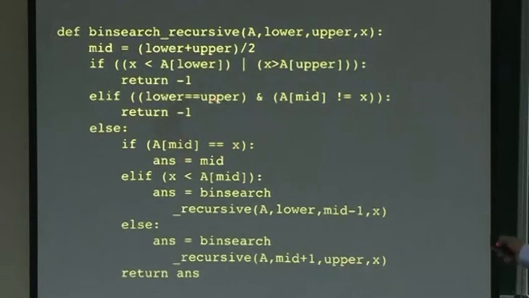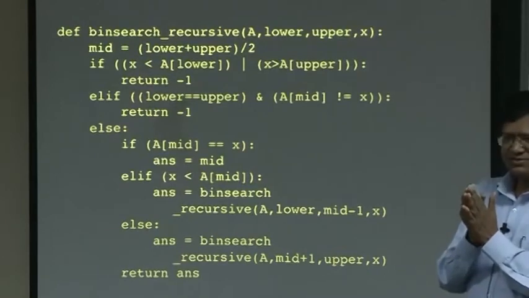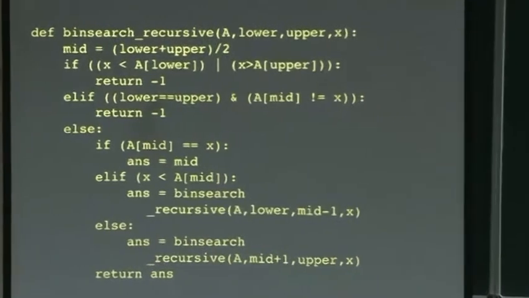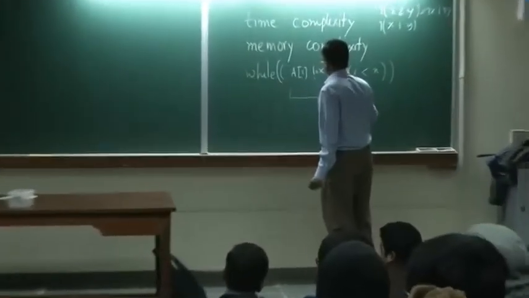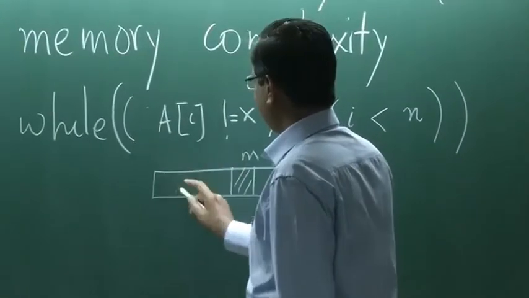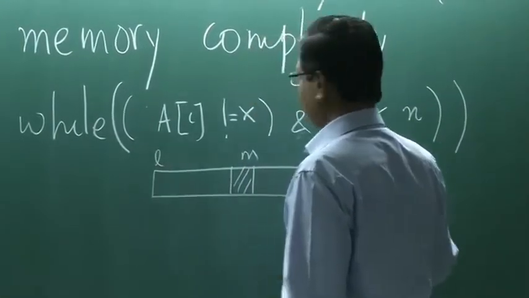Now, if this is also not true, then lower is not equal to upper and A[mid] is not equal to x. So I had made this diagram. This is mid, this is lower and this is upper.